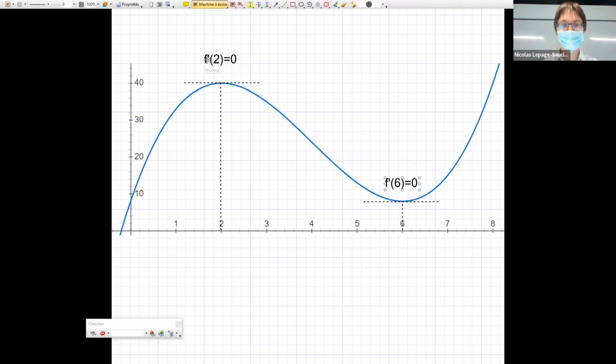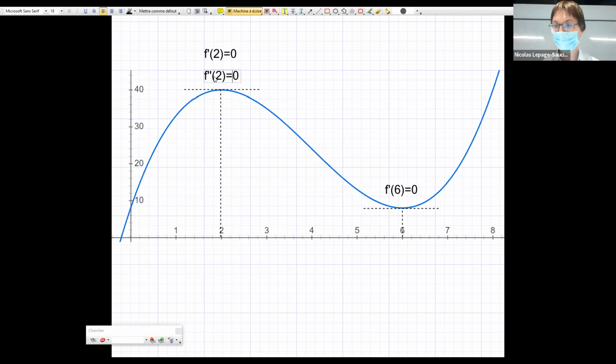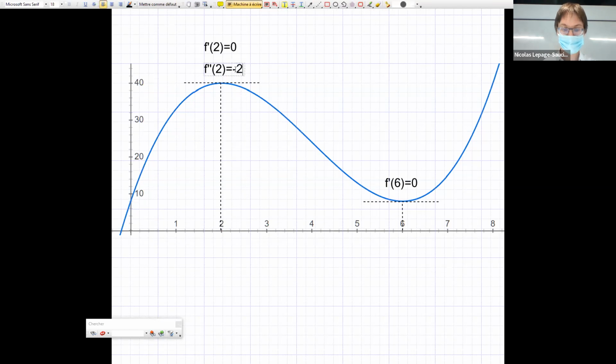And I know that the second derivative at 2 is equal to, what was it, 2 times 6 minus 24, so minus 12, if I'm not mistaken. Yes. Which is smaller than 0.